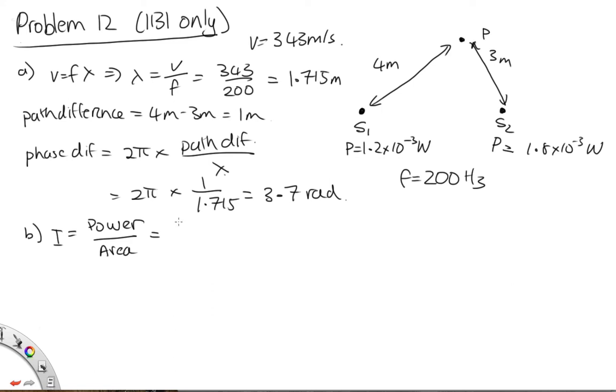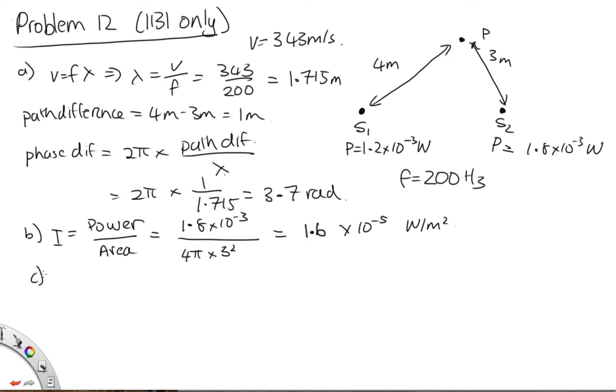So the power is 1.8 times 10 to the minus 3. The surface area of the sphere at P, it's got a radius of 3. So this is 4 pi r squared, or 4 pi 3 squared in this case. And so that is equal to 1.6 times 10 to the minus 5 watts per meter squared.